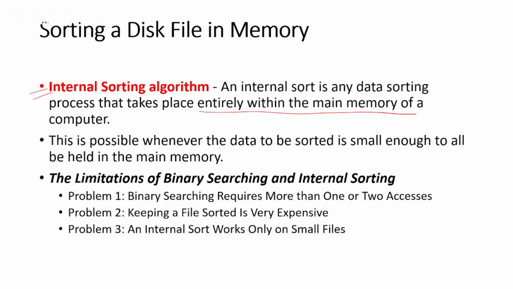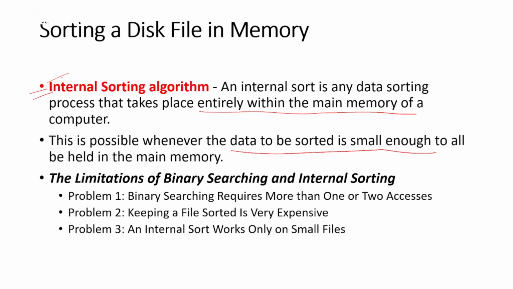So it will sort the records automatically. This is possible whenever the data to be sorted is small enough to all be held in the main memory. So if all the data is there in your main memory, then you can go for internal sorting algorithm. Otherwise it is not possible.